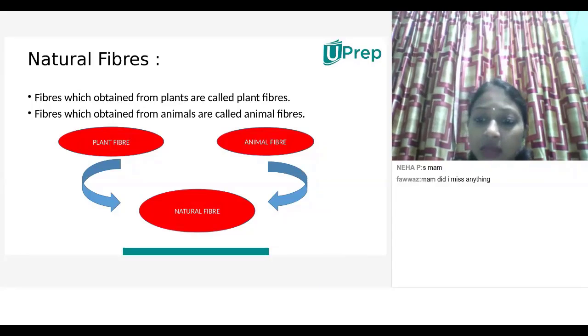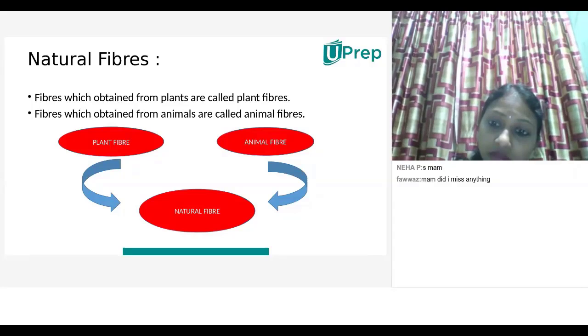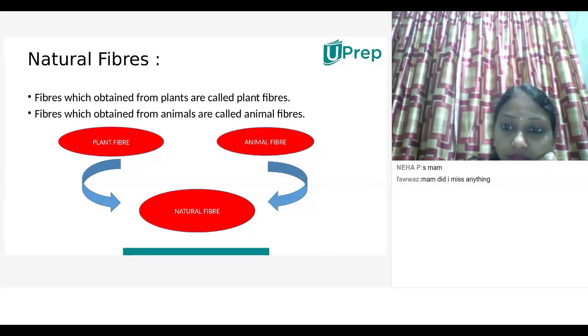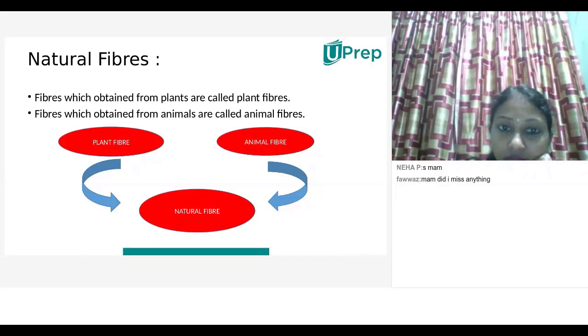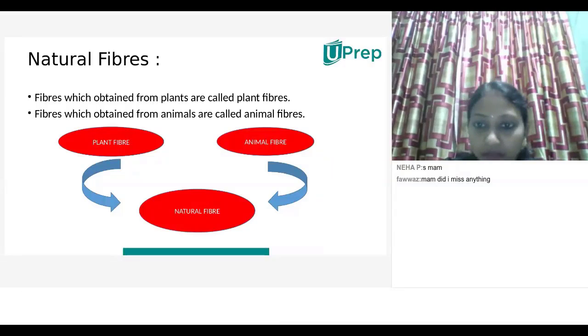And when we discuss animal fiber, animal fibers are mainly from the fur.